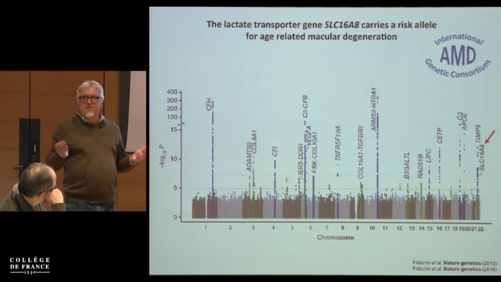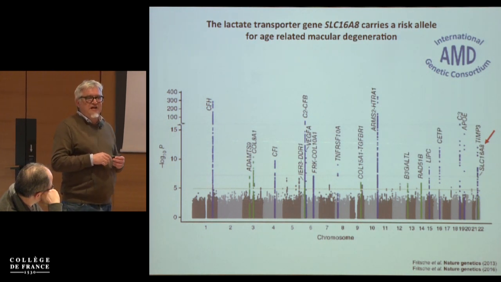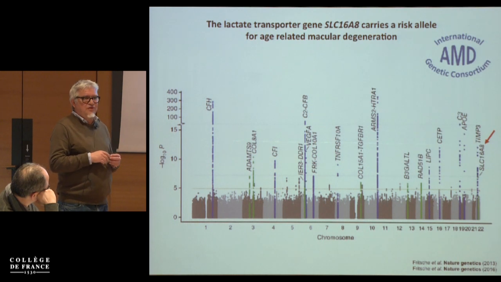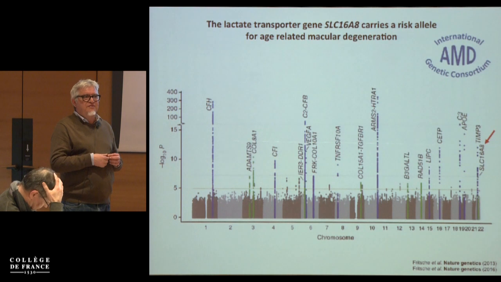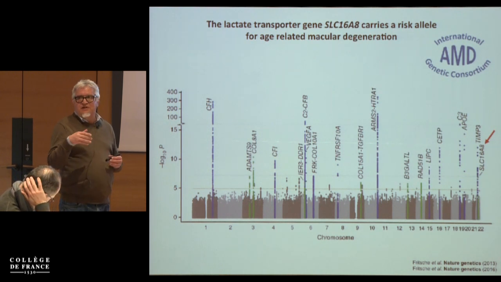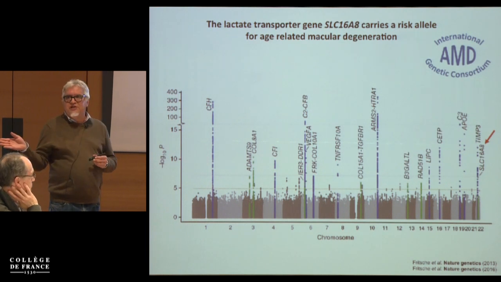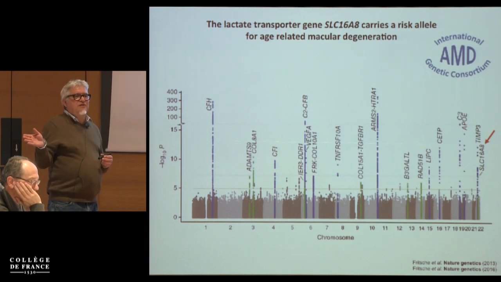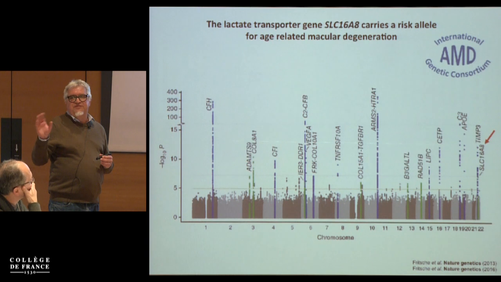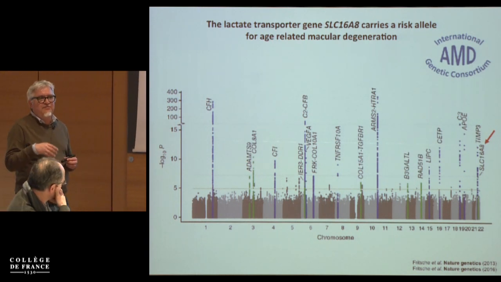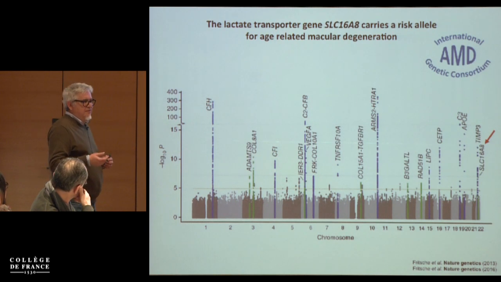We gathered a very large group of AMD patients and controls from a sub-consortium made in Europe, and found many of these genes using GWAS, which looks for the frequency of alleles and the difference in frequency between the control and the disease group, and found basically all the genes that had been published.